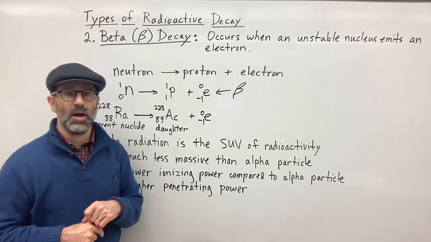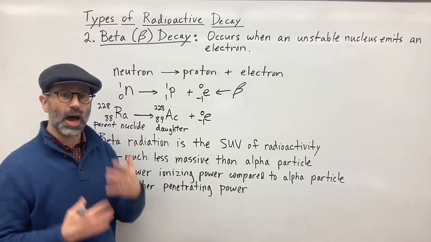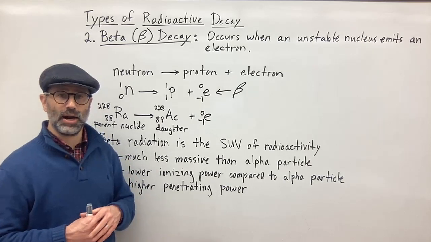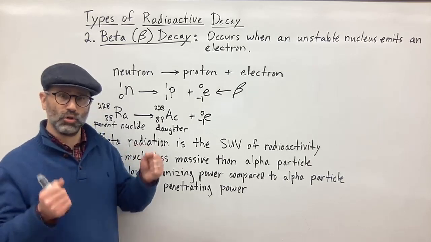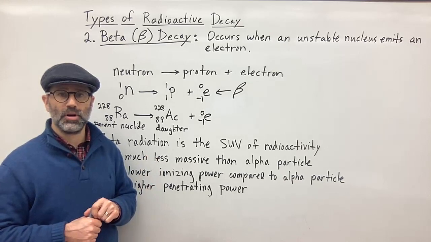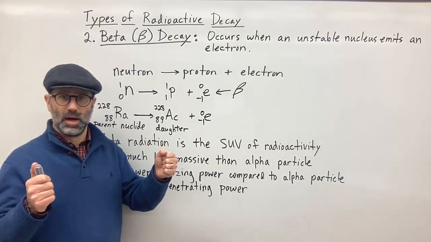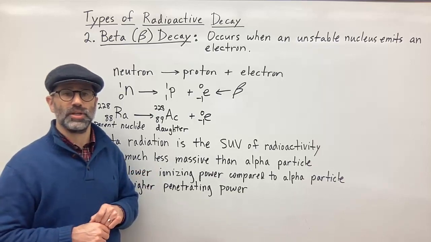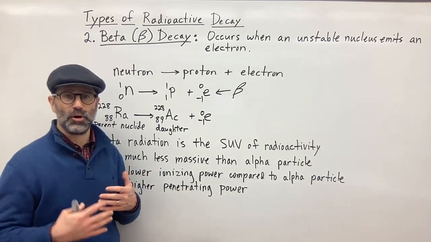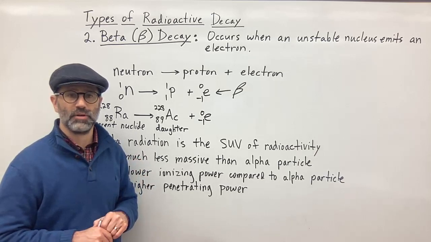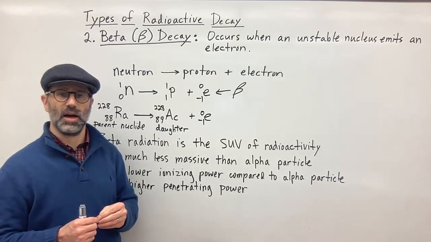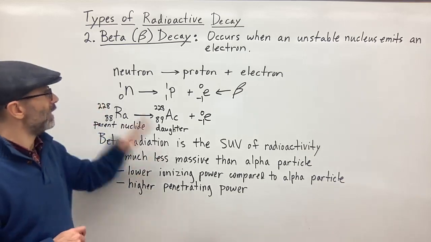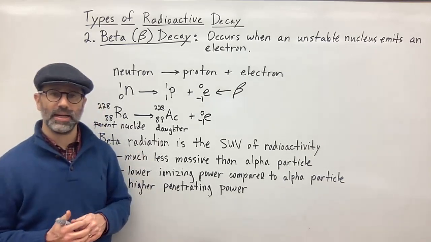So the best way to block a beta particle is using an aluminum sheet or a block of wood. Paper or your skin is not going to be enough. In this case, you need something that's a bit thicker and sturdier. And so that is our beta decay.